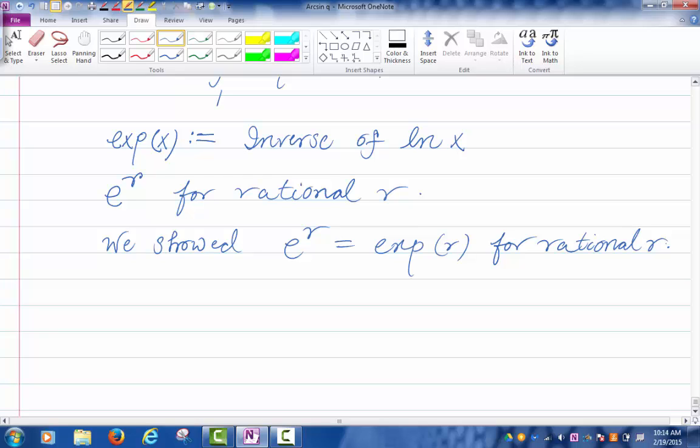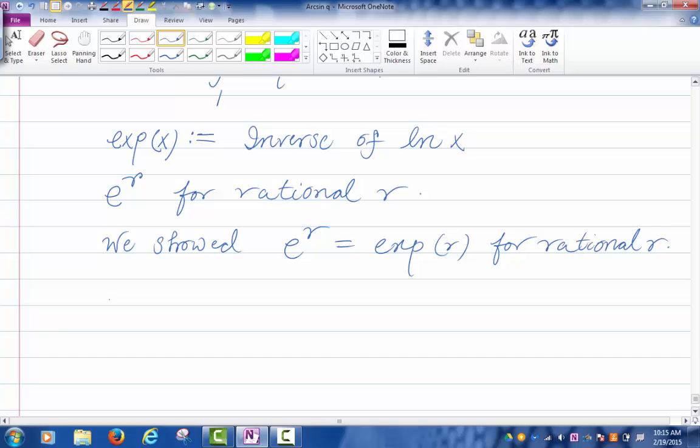So for irrational exponent, I'm just going to make that definition. And after that, e to the x is basically exp of x. The meaning of e to the x is the same as exp of x. Right now, they are synonymous for us. Raising e to x is the same as evaluating exp at x.